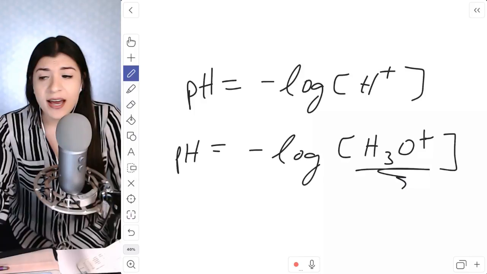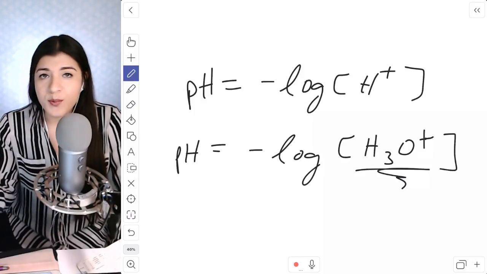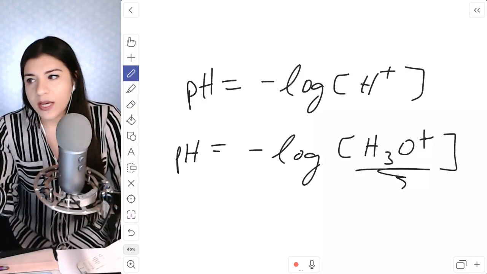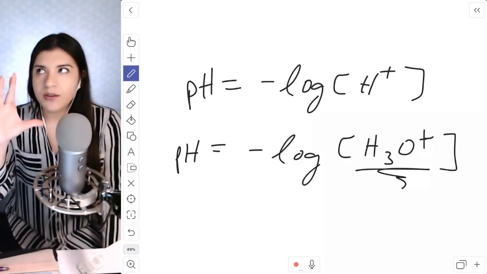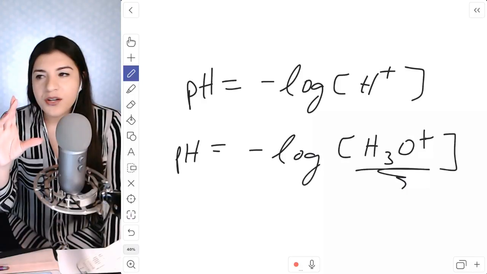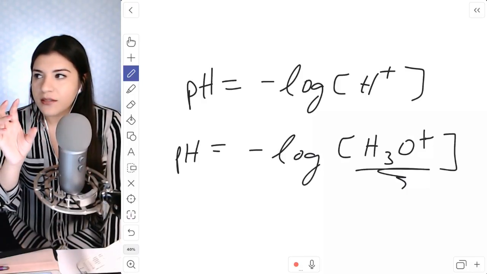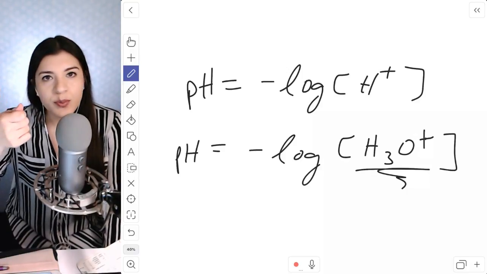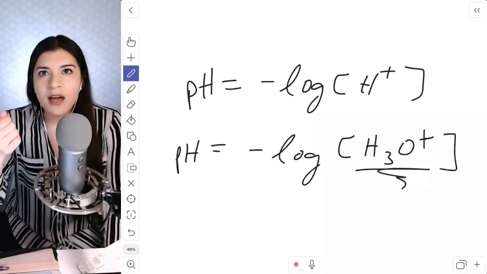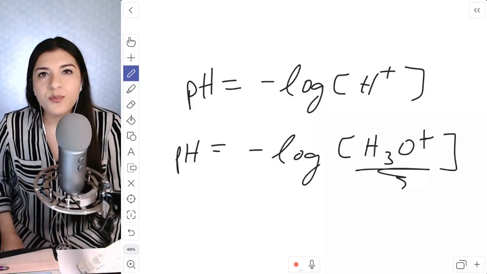If it turns red, it's acidic. So that's one way to experimentally test what your pH would be. And there's, I believe, a little chart on the litmus paper bottle that you can compare whatever color it would be, and you would pretty much estimate what your pH would have been. So that's one method.